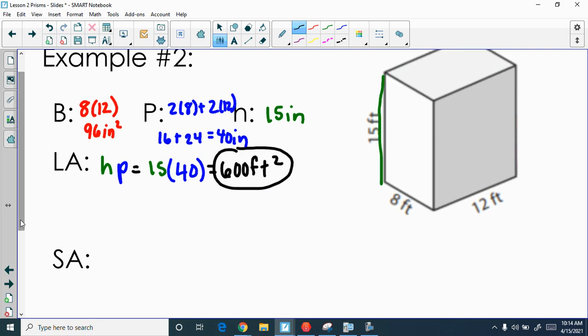For our surface area, we're going to do height times perimeter again, plus 2 times our big B, which would give us 15 times 40 plus 2 times 96.